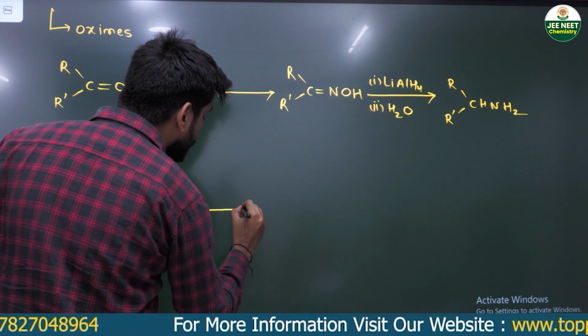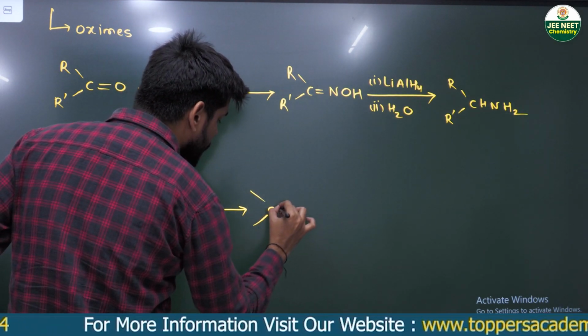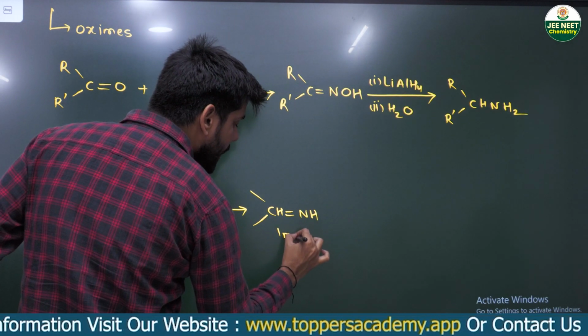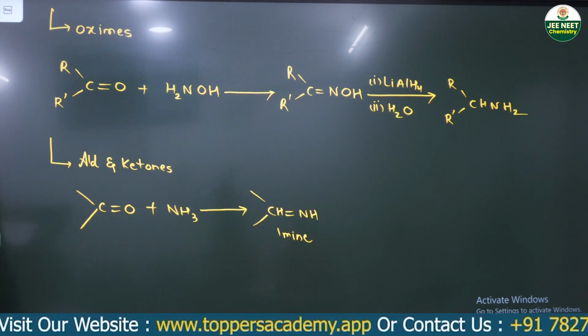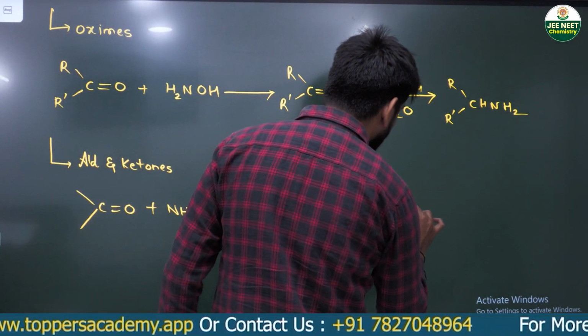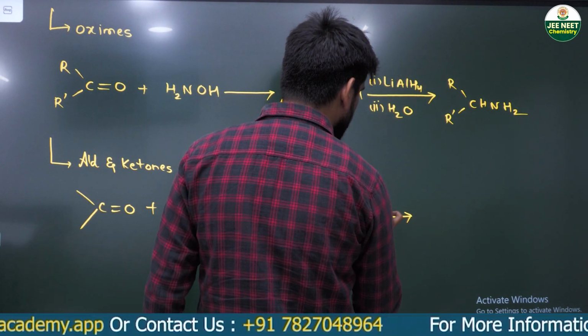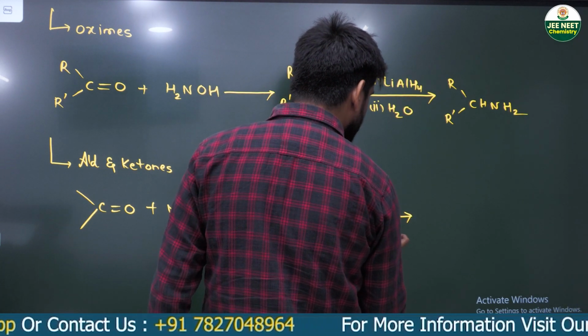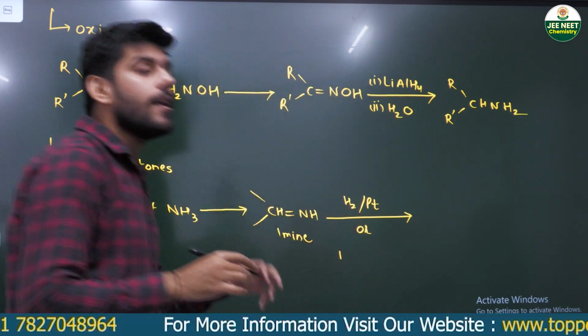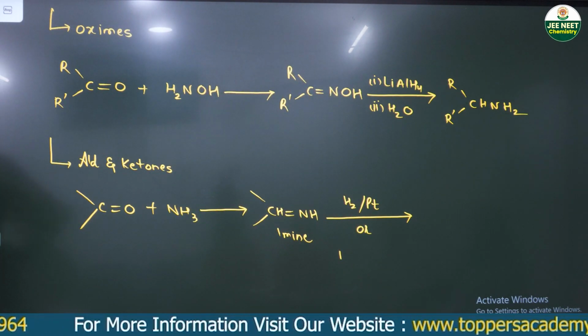Imine. And then the reduction of imine will give you amine. So what reagent can you use? Hydrogen in the presence of platinum, or there is a specific reagent, please remember this, sodium cyanoborohydride.